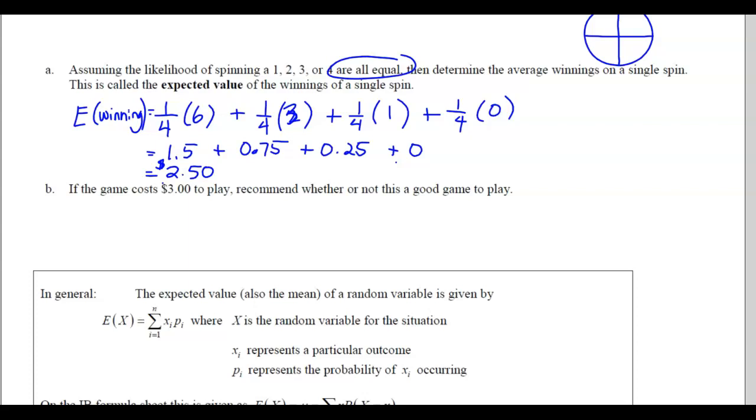Part B says if the game costs $3 to play, is it a good game to play? That's what gambling is all about. It's not really, because on average you're going to lose 50 cents, right?